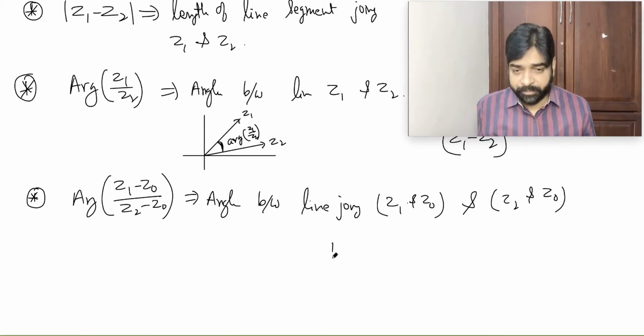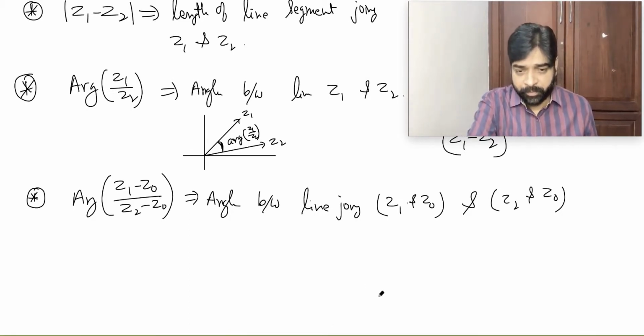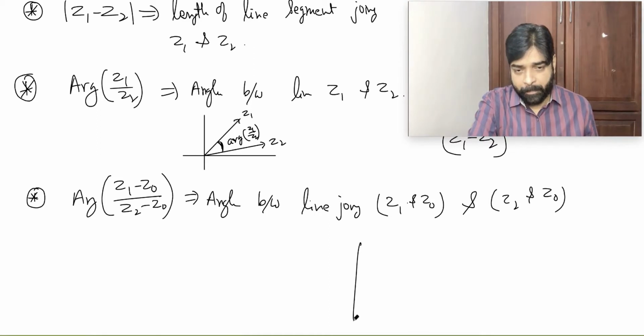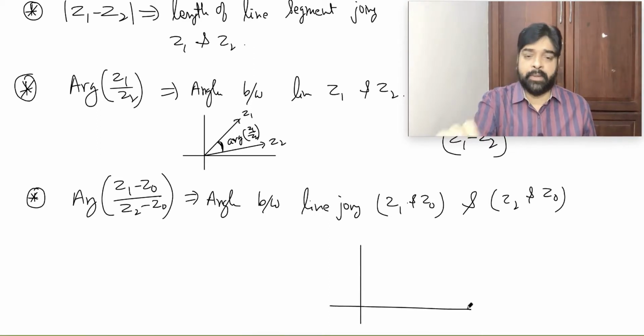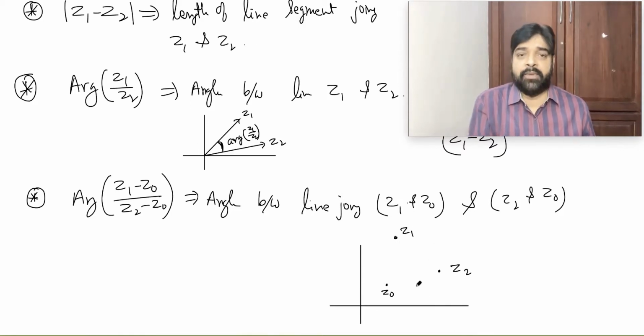The picture. You no longer need coordinates now. Wait a minute. Suppose this point is Z0, this point is Z2, this point is Z1.